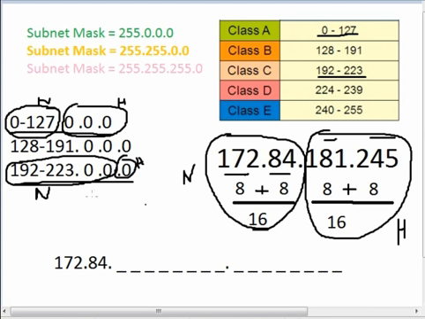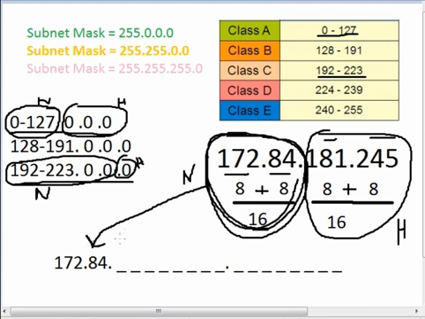We cannot change the network address, but we can do subnetting in the last 2 octets, meaning the host address. So the first 2 octets stay as they are, 172.84. Now our work will be on the last 2 octets, each 8 bits.